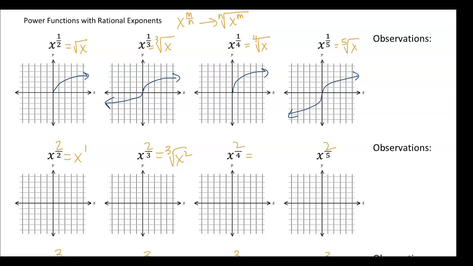Well, x to the 2/4 power we know can simplify to 1/2, which we've already talked about. That's what Jorge was telling us earlier, the square root parent function. So I can rewrite that as the square root of x. Unfortunately 2 over 5 can't reduce, so I'll write that as the 5th root of x squared. I want you to get in the habit of writing these out because on your tests and quizzes, I want you to feel comfortable switching between both.